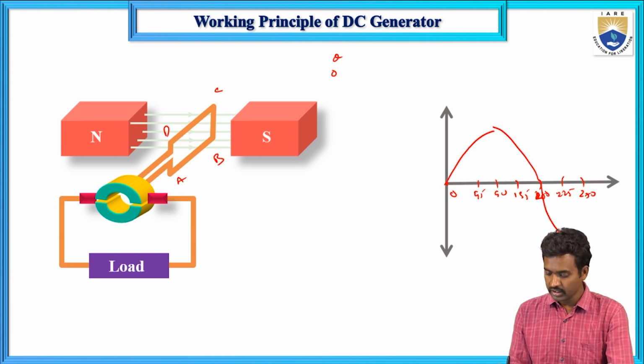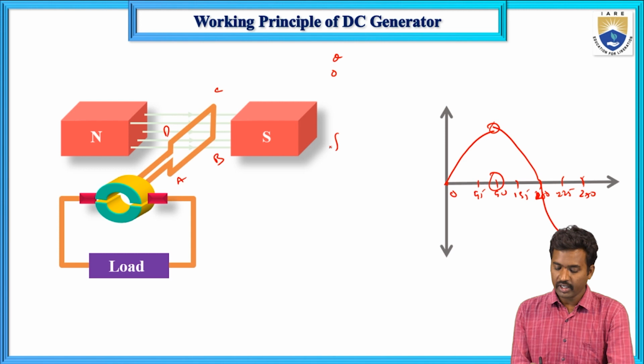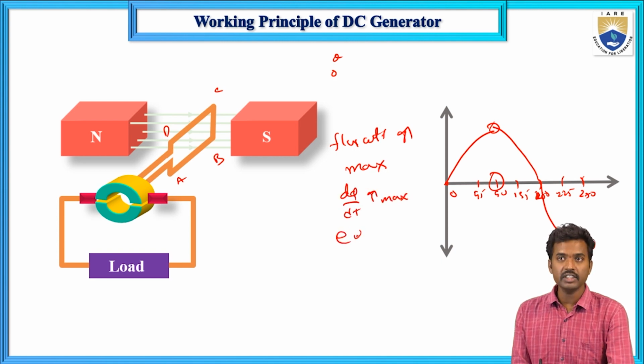This is increasing, and this should also be increasing. Now at this 90 degrees position, flux cutting is increasing and should be maximum, and d phi by dt is also increasing, that is maximum, and E is directly proportional to d phi by dt. This is increasing and maximum.